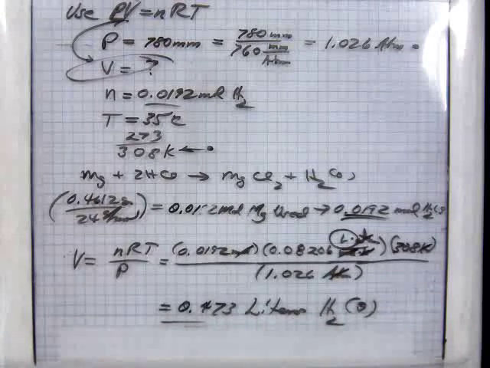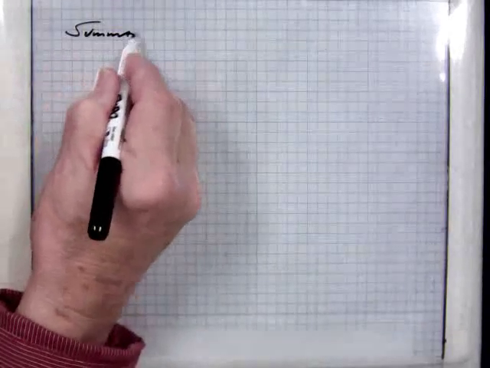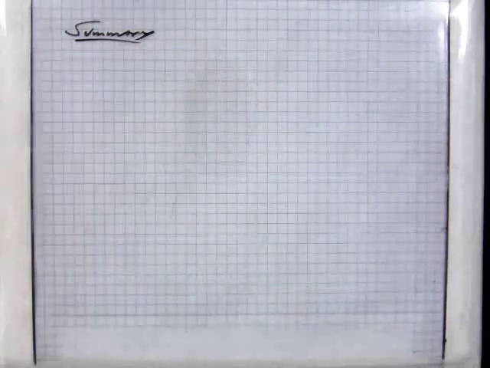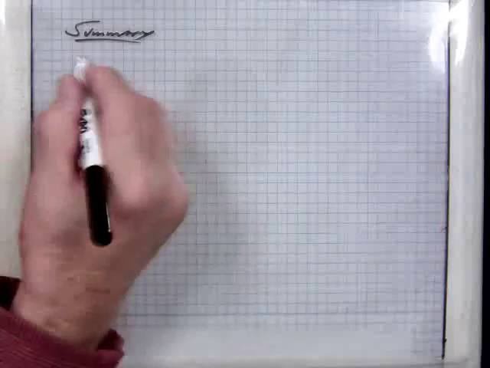Now don't get lost in all the numbers here. What have we tried to show? What have we talked about today? The ultimate objective here is: how do the empirical gas laws apply to chemical reactions?